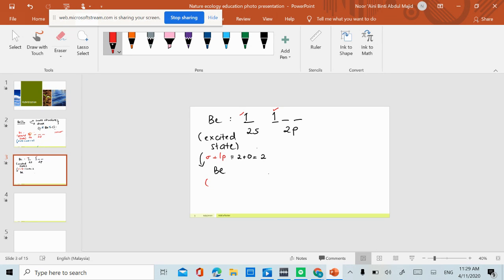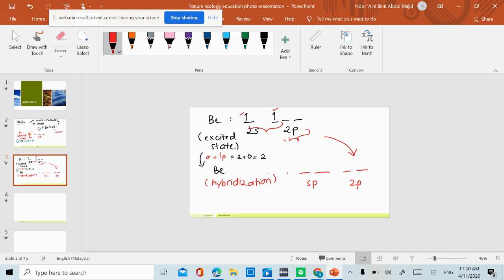That means the orbitals involved in the hybridization are s and p, and we call them sp. The other two remain as pure p orbitals.